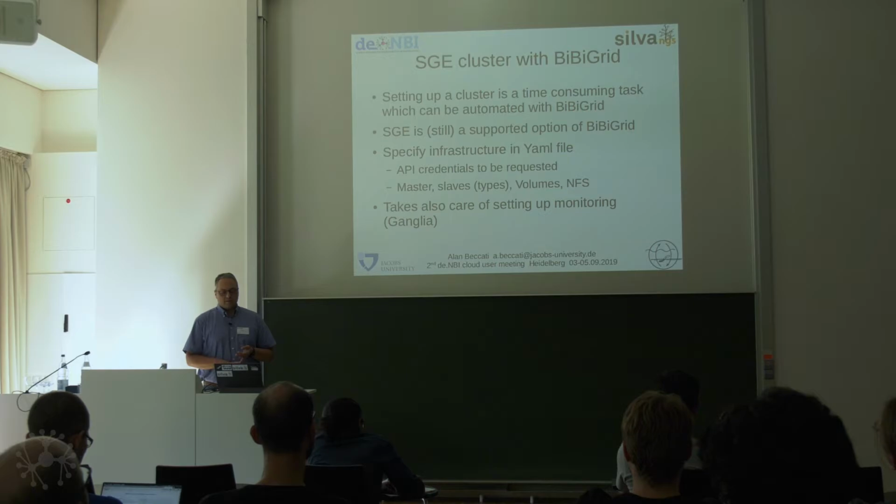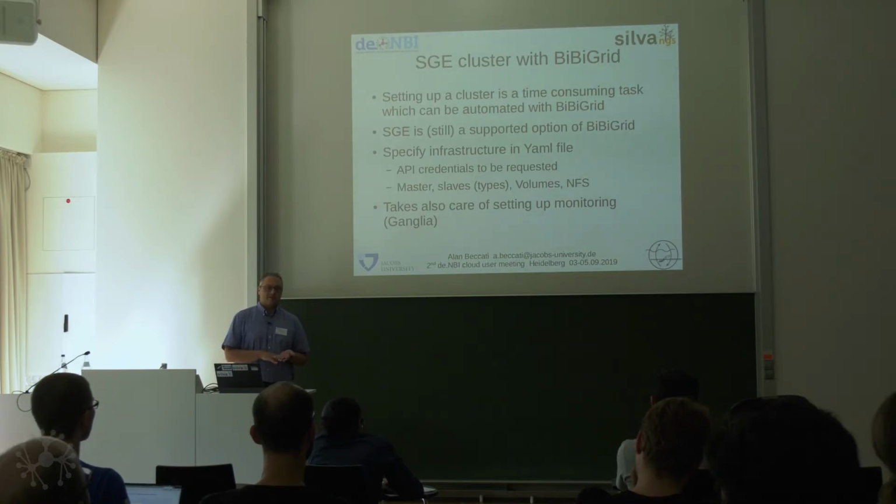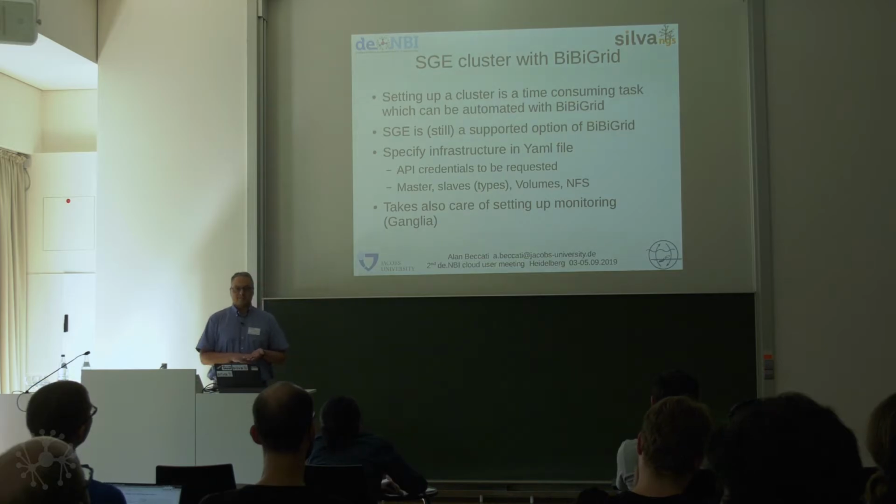So this is a very practical tool for setting up your cluster in the cloud. An advantage is that monitoring is also set up automatically by the tool using Ganglia.